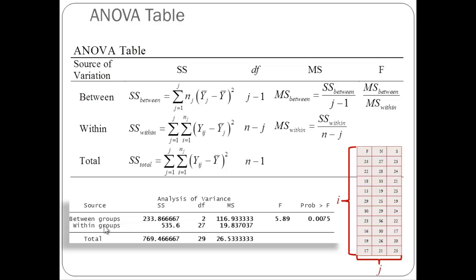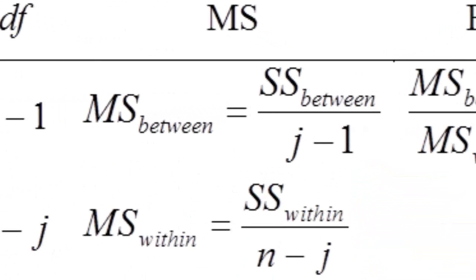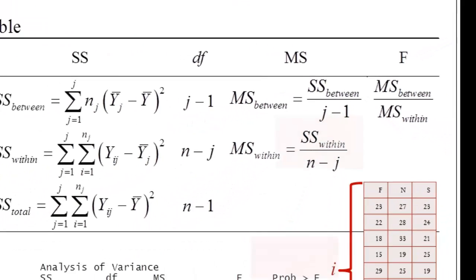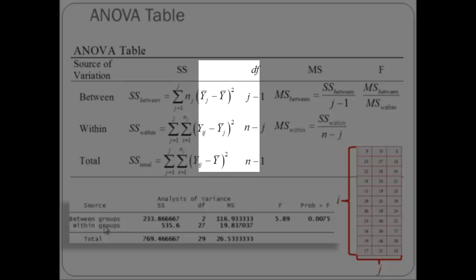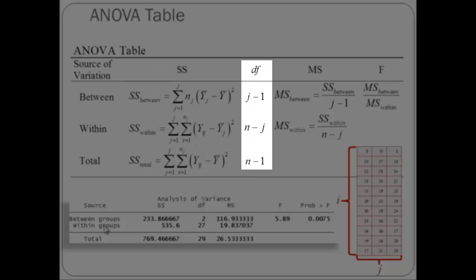Moving over now to the column labeled MS, we can calculate what are called mean squares. If we take each sum of squares and divide by their associated degrees of freedom, we're calculating an average or mean square. So we have our SS column, our sums of squares, between, within, and total. We have our degrees of freedom column, 1 for between, 1 for within, and 1 for total.